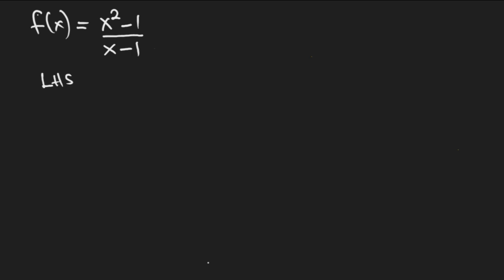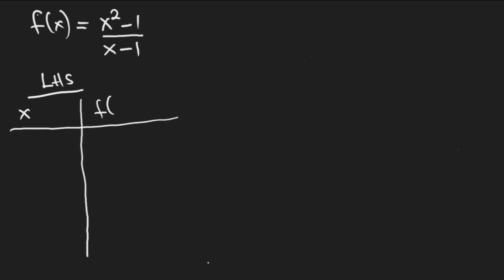So for the left hand side, let's try the function here. f of x equals x squared minus 1 over x minus 1. So what values are we selecting?